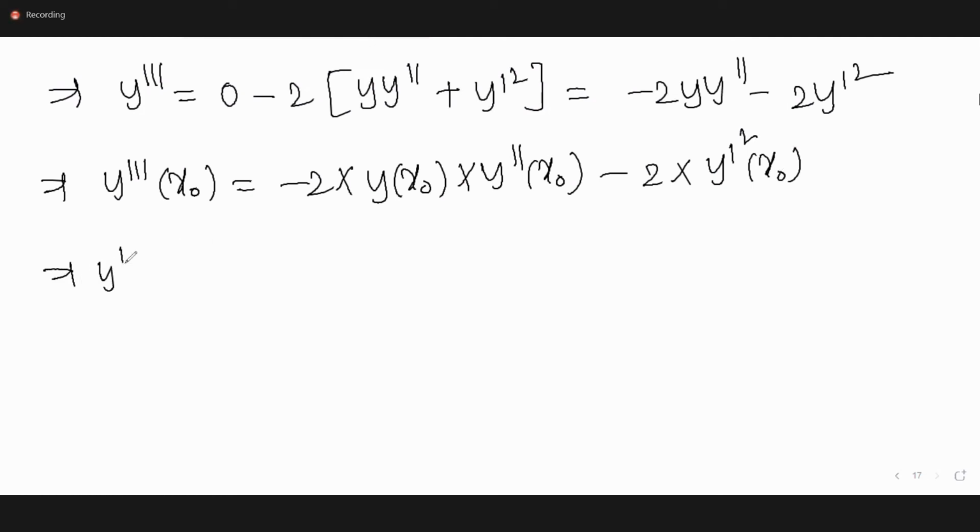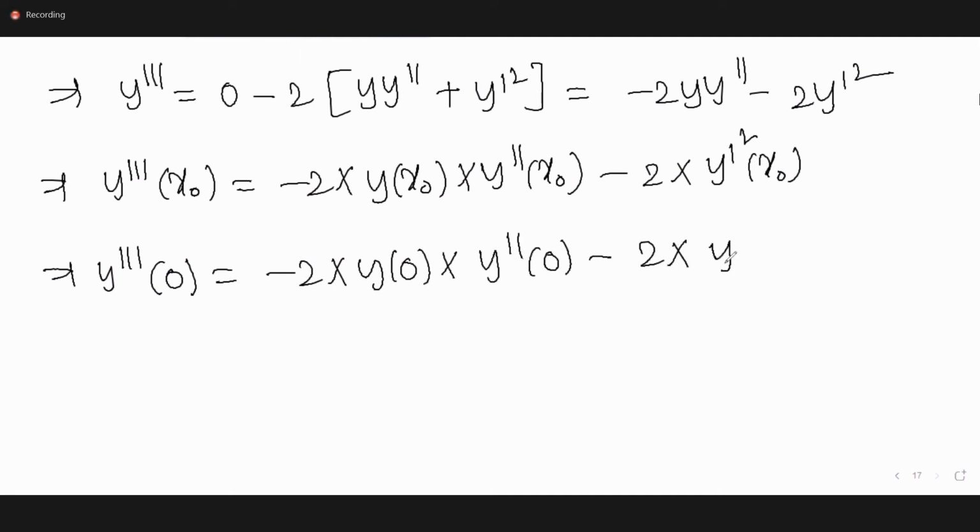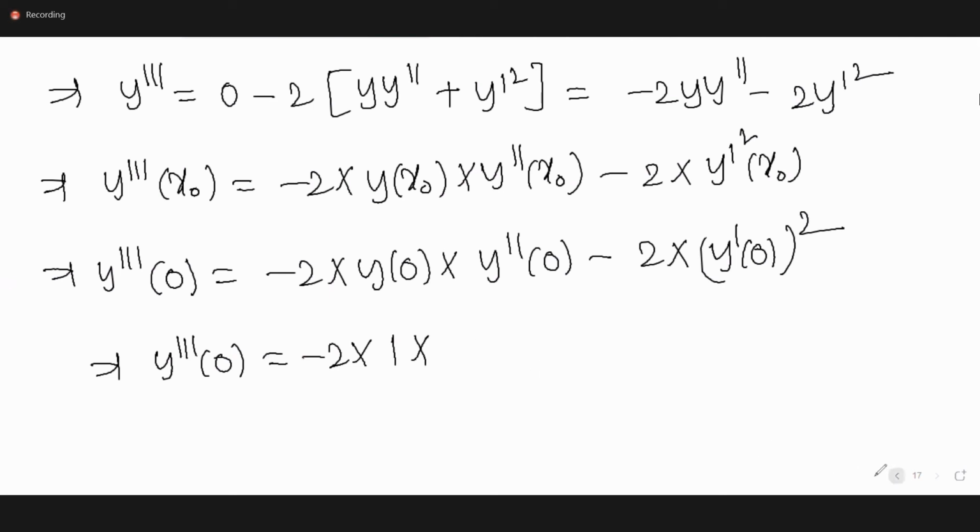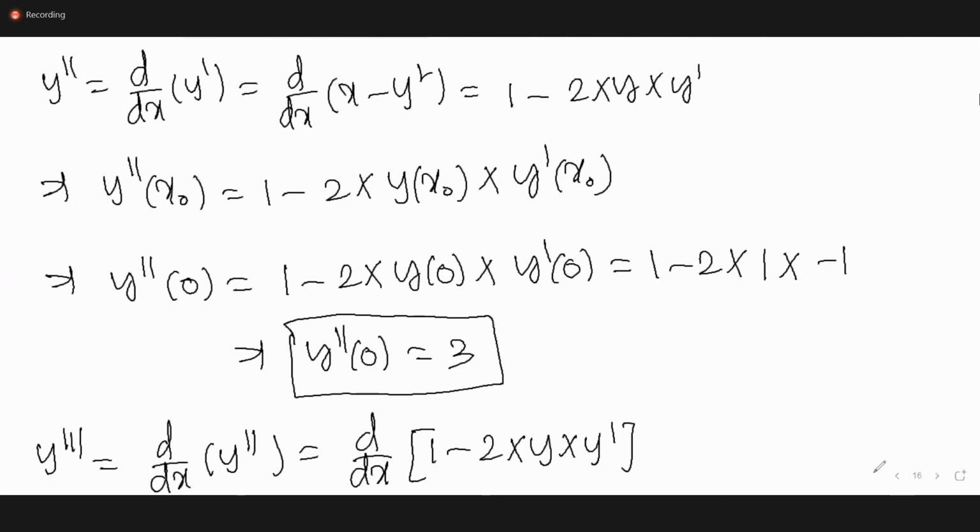So y triple dash of 0 is equal to minus 2 into y of 0 into y double dash of 0 minus 2 into y dash of 0 whole square. So y triple dash of 0 is equal to minus 2 into y of 0 is 1, y double dash of 0, 3.